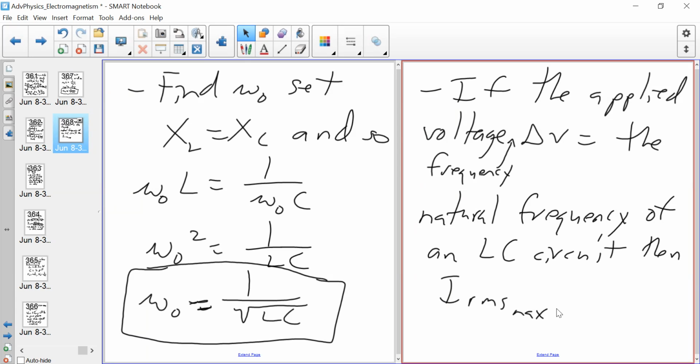At that maximum, whatever that is, it'll be in phase with the Vmax. They won't be equal, but they'll be in phase, right? So that's the point.